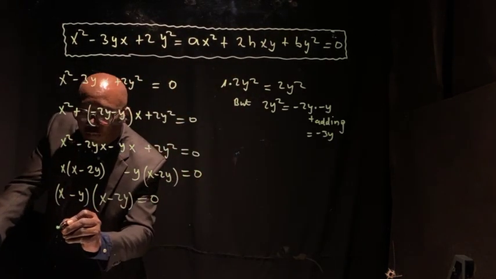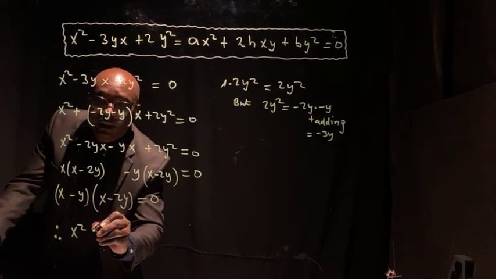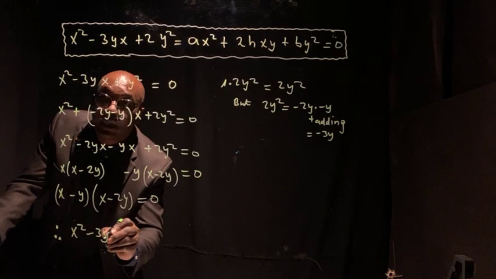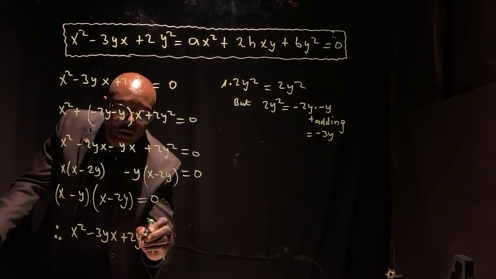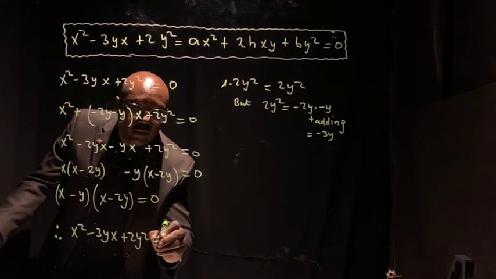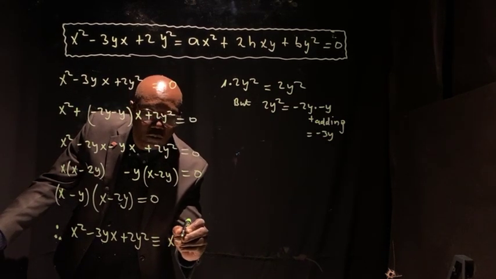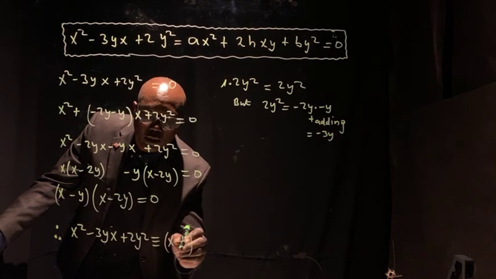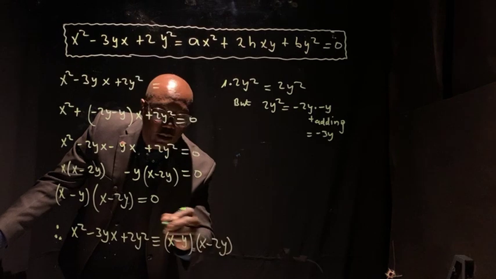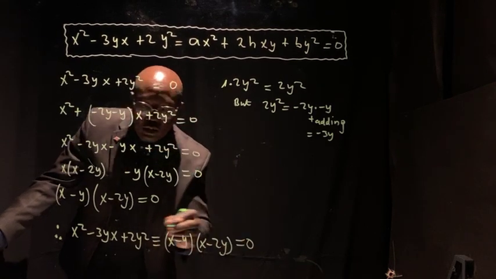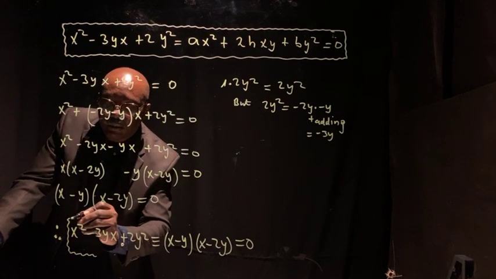So, therefore, x squared minus 3yx plus 2y squared is identical to x minus y, x minus 2y equals 0. I'll call this one equation sigma.